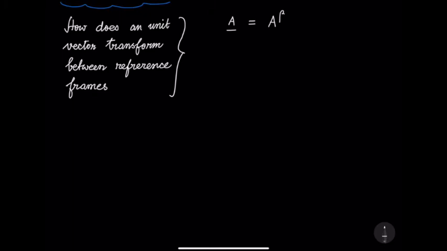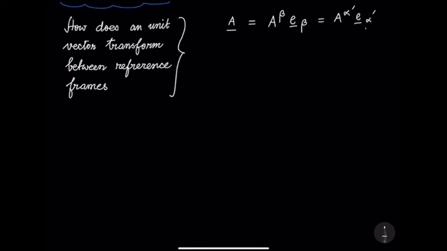To do this, let me start with the fact that A can be written in terms of unit vectors in this reference frame, and it can also be written in terms of unit vectors in a primed frame. I'm just distinguishing the two frames, one with prime, the other without prime. And because I am now writing the unit vectors, I don't need to write that S and S prime anymore, because that information is already there in the unit vector.